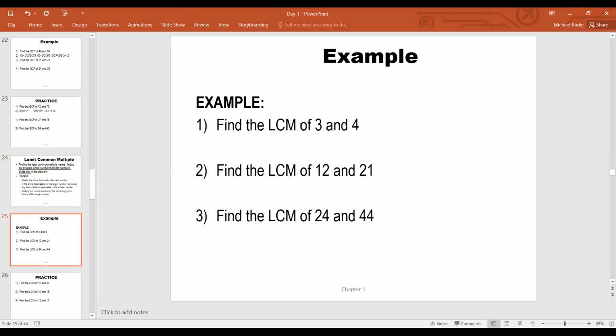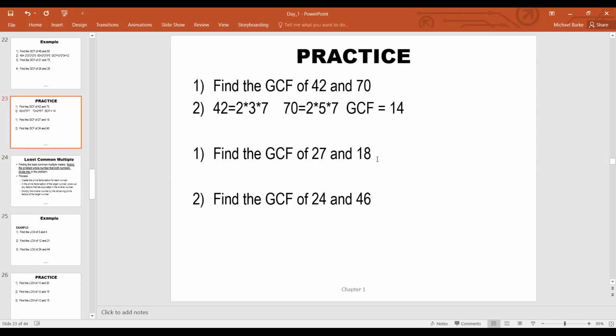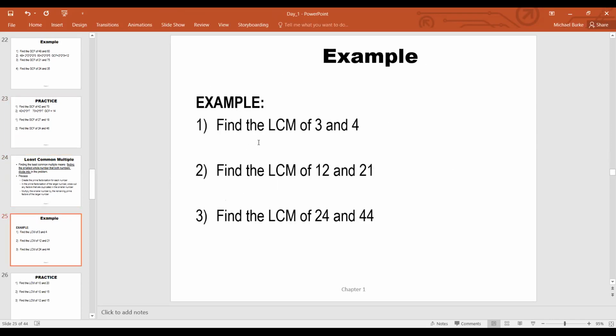Actually, that's not quite true. Multiply the smaller number by the remaining prime factors of the larger number. If we cross out any duplicates in the smaller number, well, there aren't any. So actually, the least common multiple in this case is going to be 12. 3 times 2 times 2, because there are no other factors.